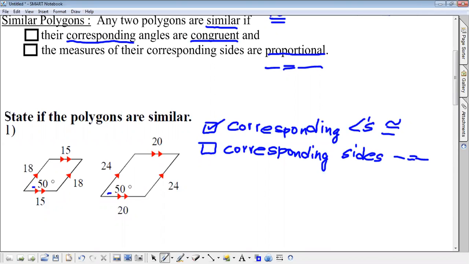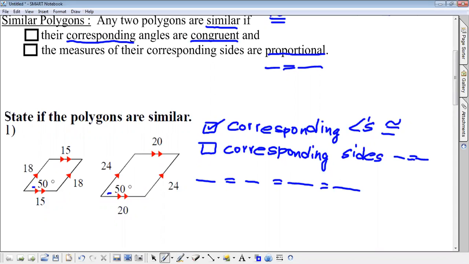Okay, so the way you do it, give me a minute. Okay, so the way you do this problem is there are 4 sides, so you need 4 fractions. 1, 2, 3, 4.